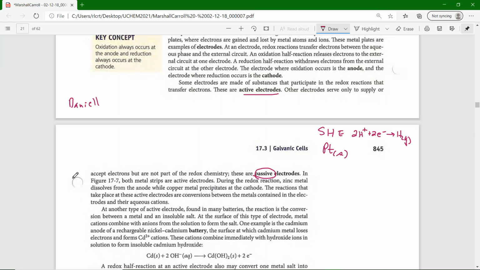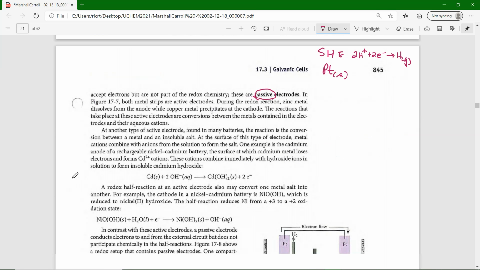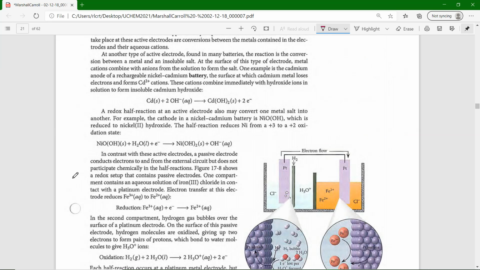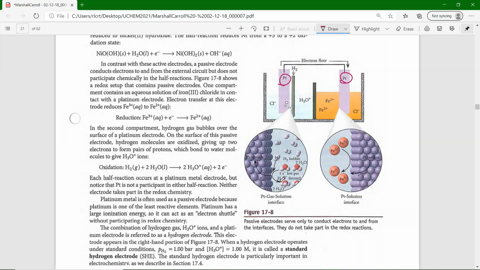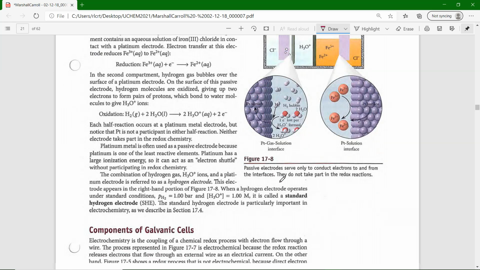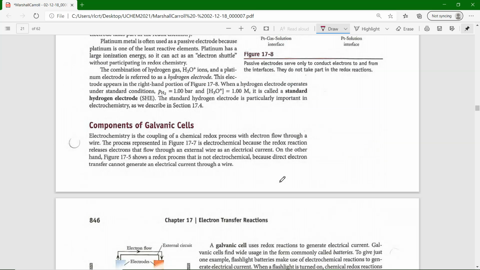Okay, so here we see some examples where you have passive electrodes over there. There's a standard hydrogen electrode. The pressure, by the way, in a standard hydrogen electrode is 1.0 bar, because it's called standard hydrogen electrode, and a concentration of 1 molar.